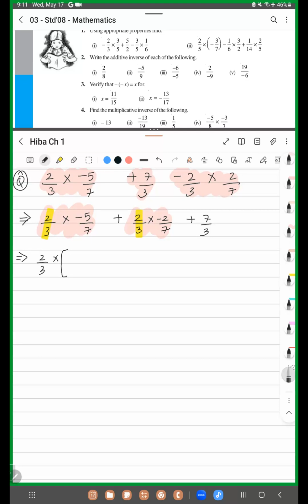Minus 5 by 7. Very good. Plus. क्या बच रहा है यहाँ पे? But like, is the plus coming from the signs of 2 by 3? बच्चा, yes, the plus is coming from here.